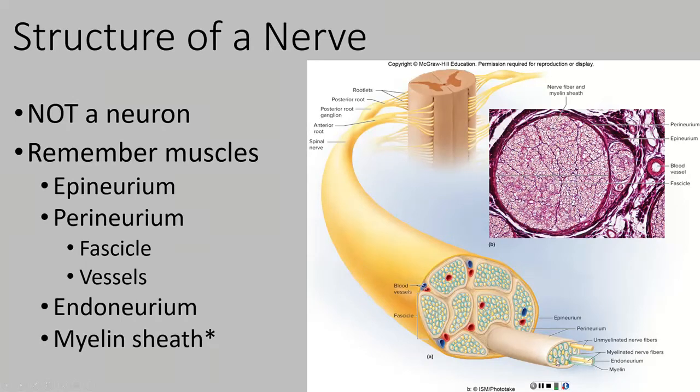Now we have a collection of those surrounded by the perineurium. Now we have a fascicle. We take several of those fascicles together, surround them by the epineurium, and now we have a nerve. Very similar structure to what we saw in the muscle.